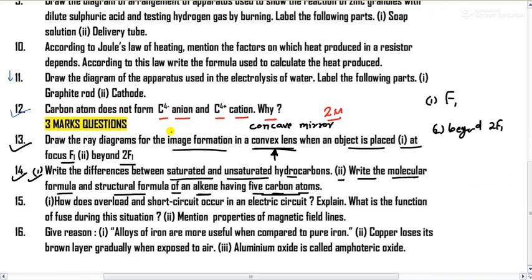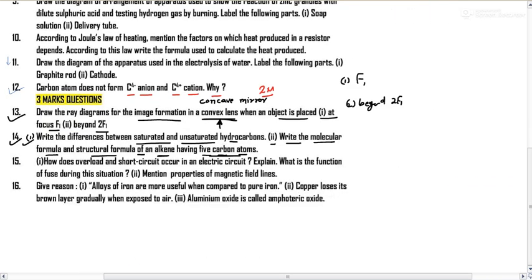I'll explain it here itself. The question says, write the molecular formula and structural formula of an alkene having 5 carbon atoms. So what is the general formula of alkene? We have alkane as CnH2n+2, alkyne as CnH2n-2, and for alkene it is CnH2n, right?